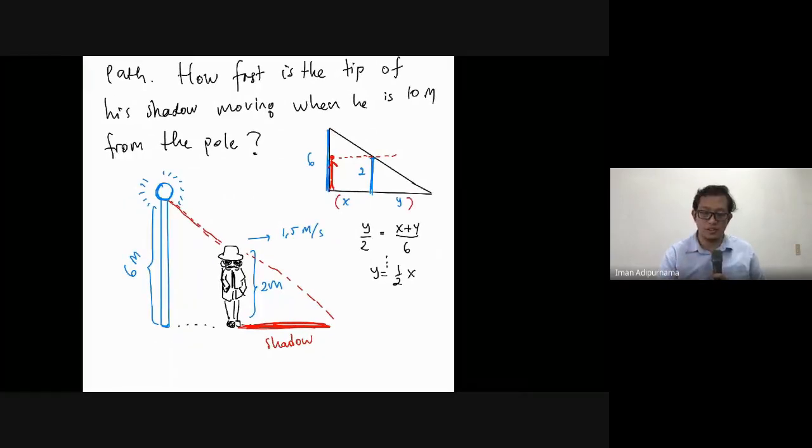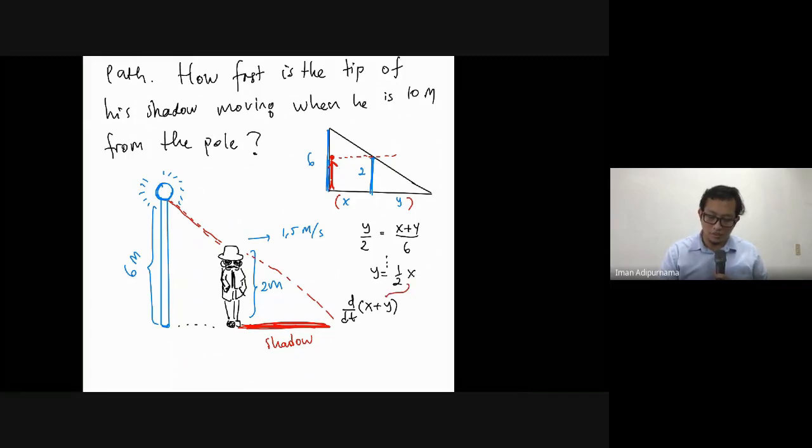From the first time he moved away from the straight line. So x plus y is our distance. We need to find our derivative from this distance. Okay? And we already have relations from the triangle for x and y.